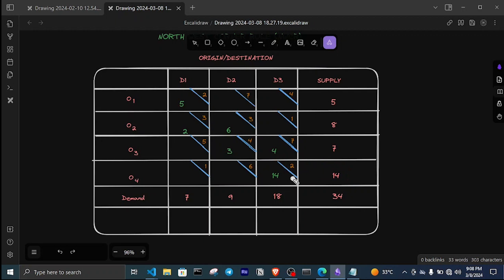So how do we find the total cost or the initial solution for this transportation problem? Very simple. You find the total cost by multiplying the unit costs by the values that we determined. So we have the total cost equals 2 times 5 plus 3 times 2 plus 3 times 6 plus 3 times 4 plus 4 times 7 plus 2 times 14.